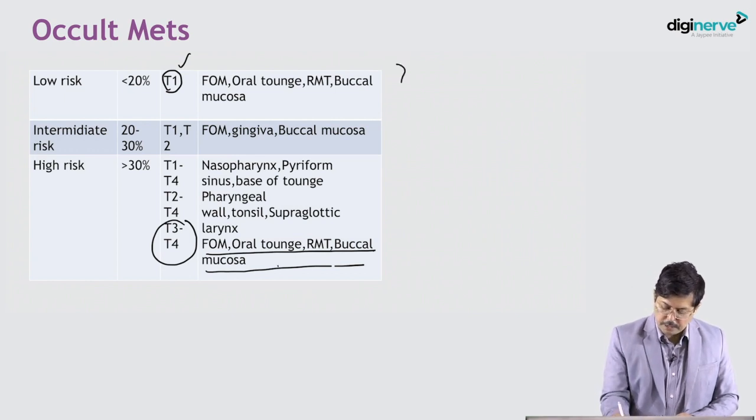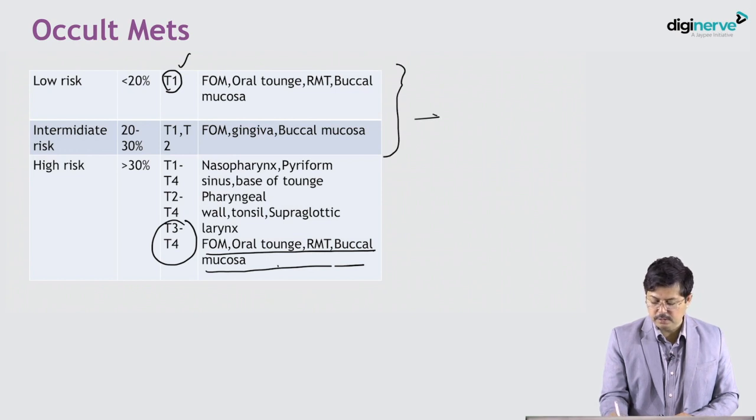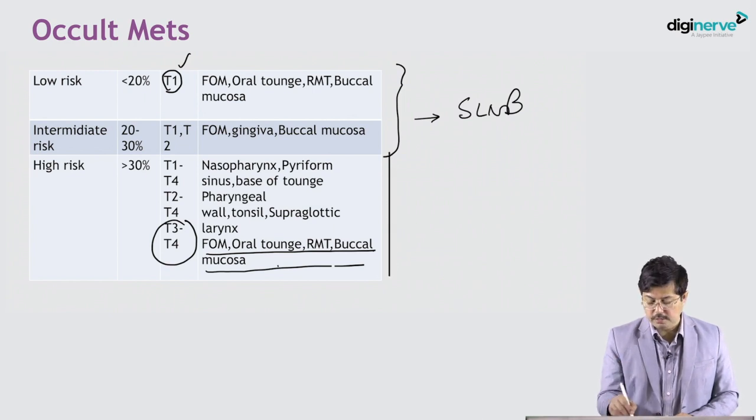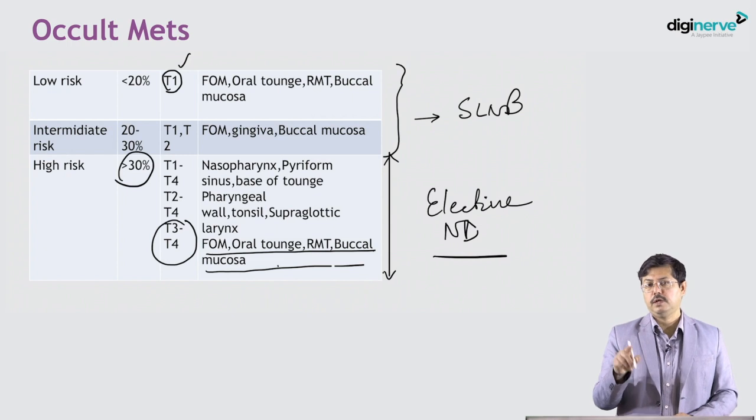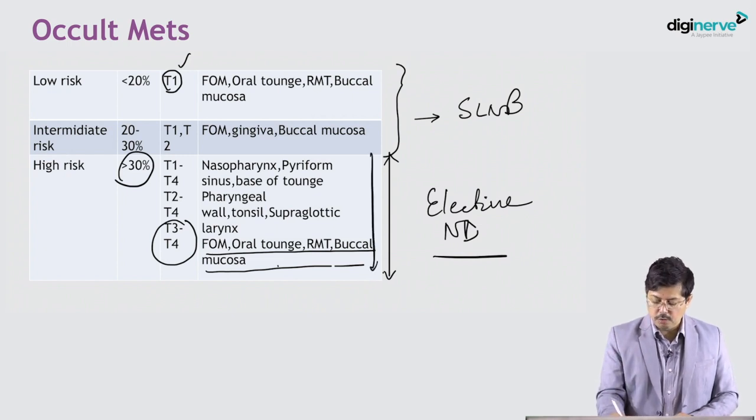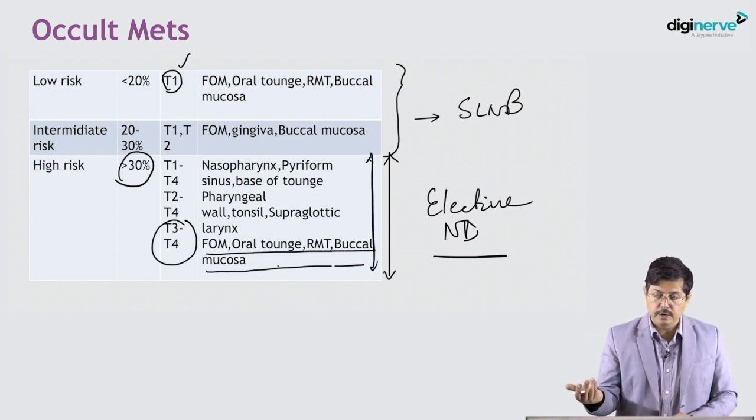So these will be the sites where I can consider a sentinel lymph node biopsy. These will be the sites where I will not consider a sentinel, and though we now have a strong controversy, we would like to do an elective neck dissection, given that there is more than a 30% chance that these primaries are going to go to a lymph node.